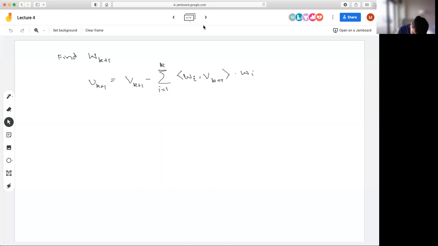And then I'll define W_{k+1} just to be the appropriately scaled version of this so that the norm becomes 1. Note that we are claiming this can be done in any inner product space.